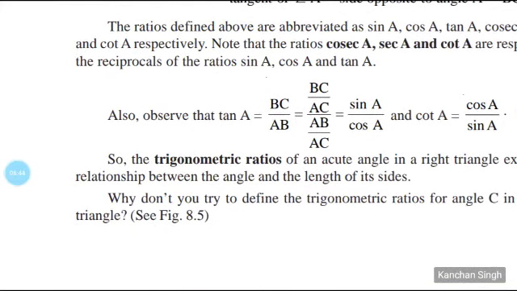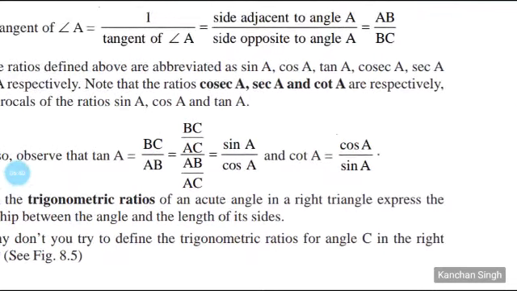Remember tan A is sine A by cos A, cot A is cos A by sine A, sine A is 1 by cosec A, and cos A is 1 by sec A.